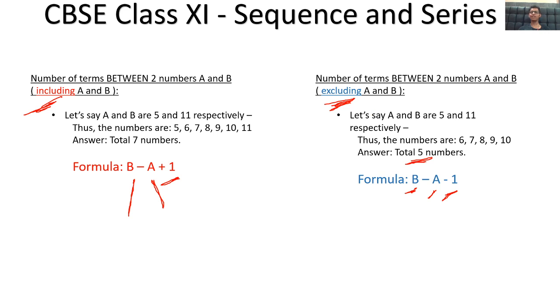And when we need to exclude a and b, to find the number of terms between the two numbers, we need to deduct 1 from the given figure of b minus a. So including means add and excluding means subtract. That's how we'll remember this entire sequence to find the number of terms between the two given numbers.